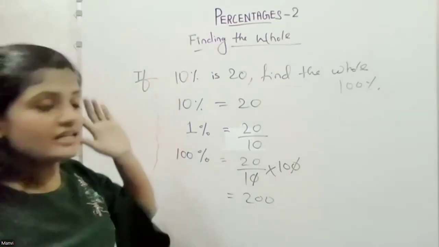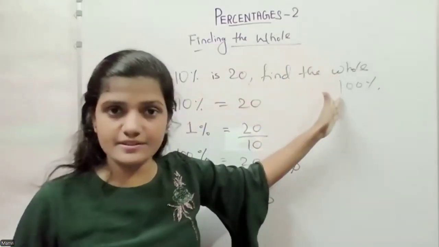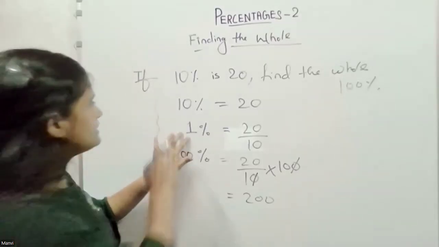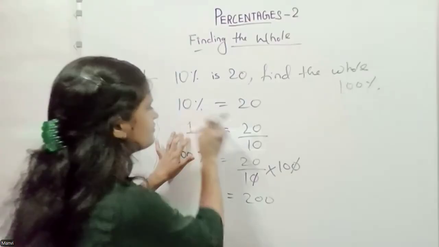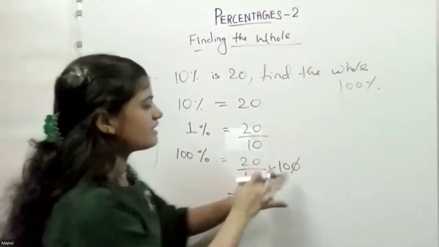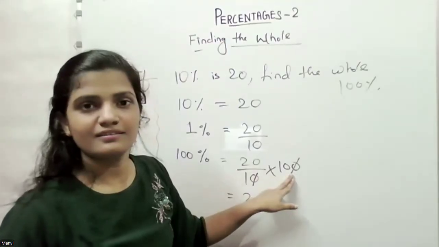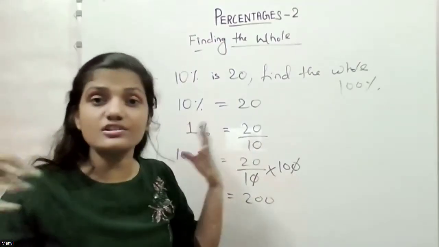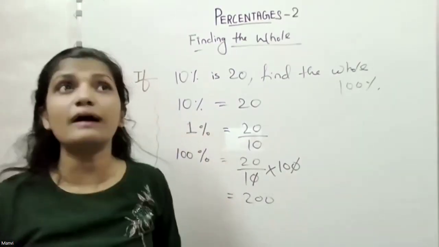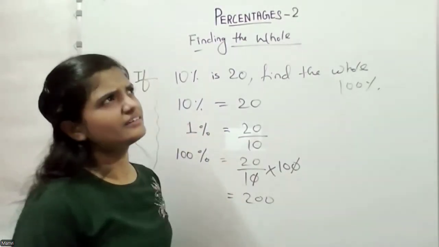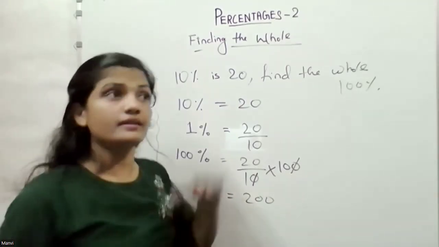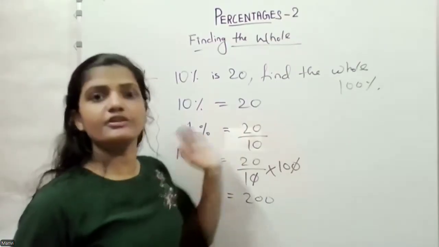Step 3, as we know, the whole means 100%, so find 100%. As 1 is smaller than 10, that's why we are dividing. As 100 is bigger than 1, that's why we are multiplying. Understand the logic, Kavya. Whenever I explain anything, you have to think: why are we dividing? Why are we multiplying? Why are we adding? Don't just remember that here we need to add and there we need to multiply.